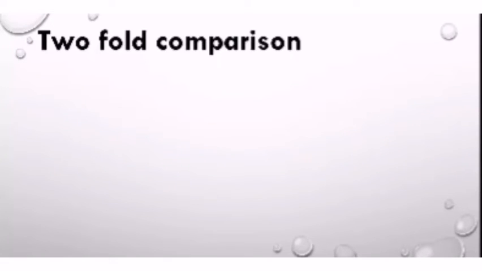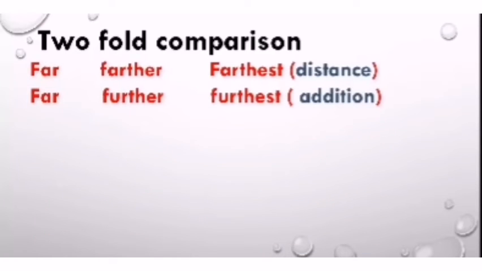We have twofold comparison, means one word might have different meanings in different forms in comparative and superlative degree. Example: far has two forms, farther and farthest, which shows distance, and further and furthest shows an addition to. Right? So this is the difference between the two. Next one more example we'll take.